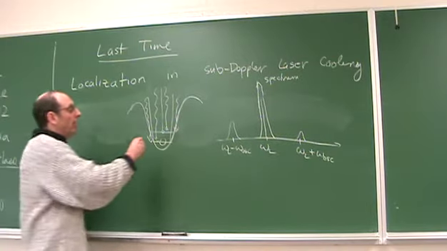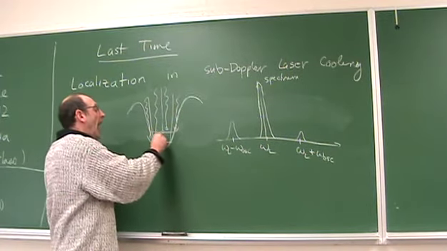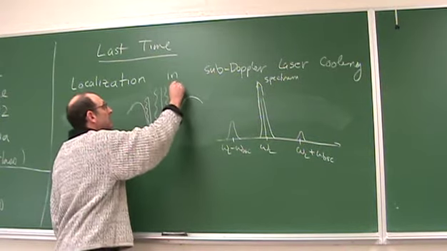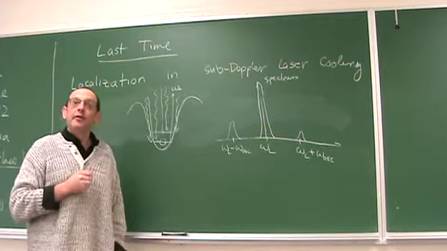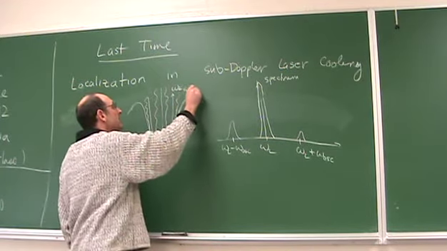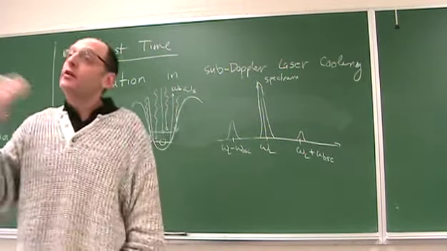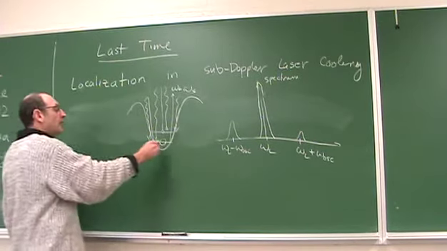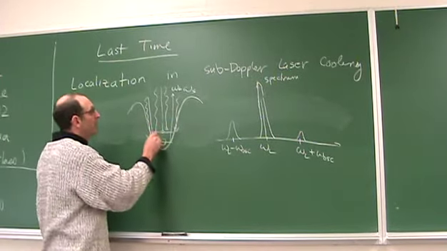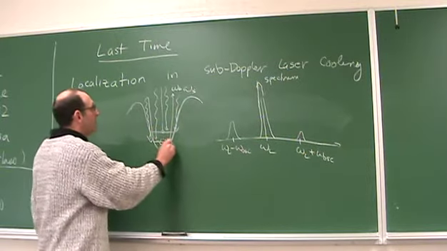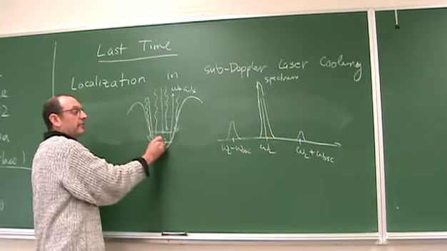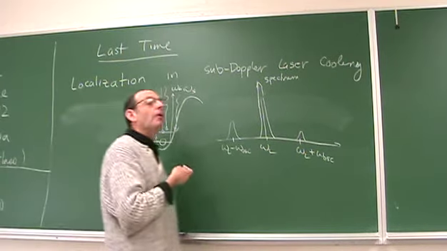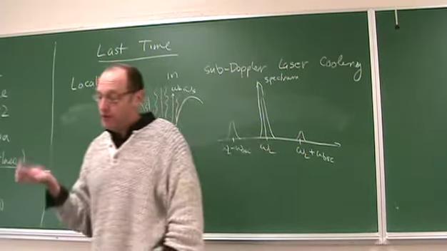And what we discussed last time was that if I looked at that scattered light and thought about it in terms of atoms absorbing a laser photon at some frequency and then emitting some scattered photon at some frequency, there are processes associated with the atom absorbing and coming back to the same vibrational level, in which case those are called elastically scattered photons.